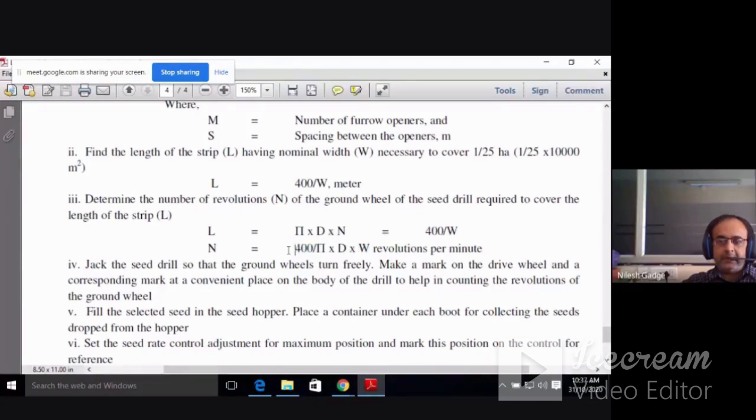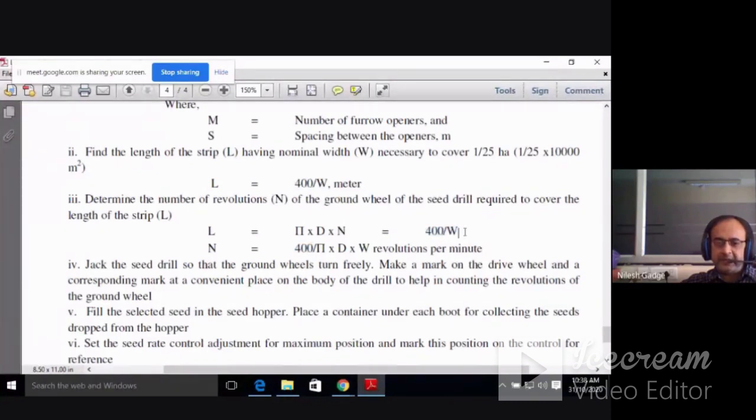The number of revolutions can be calculated by the circumference pi d, and the width also is taken in that. It should be divided by the width, because 400 divided by W is the length.